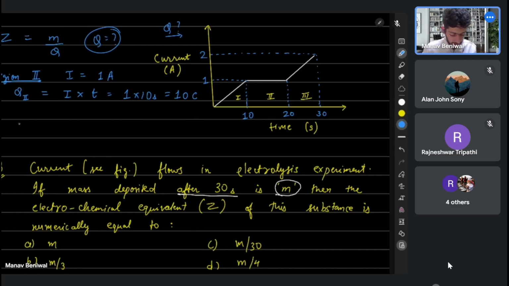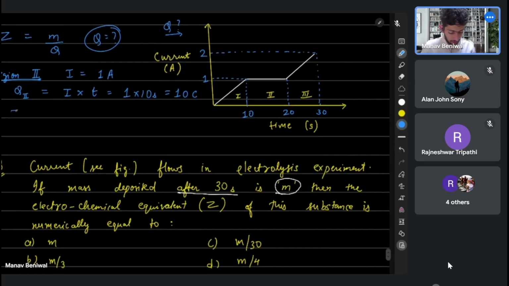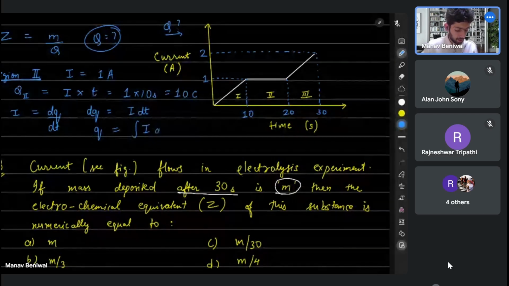Because the current I is defined as dq over dt. So dq you can write as I dt, and then your charge q you can write as the integral of I dt from time t1 to time t2.